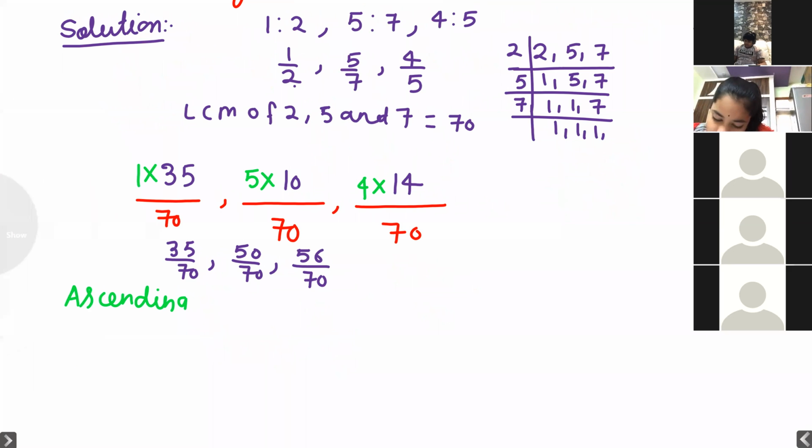Ascending order. Small to big. First one, the same order is usually there, student. Yeah, 35, 50 and 56. Same order is there. Then 35 by 70 is what? First fraction, 1 by 2 is 2.